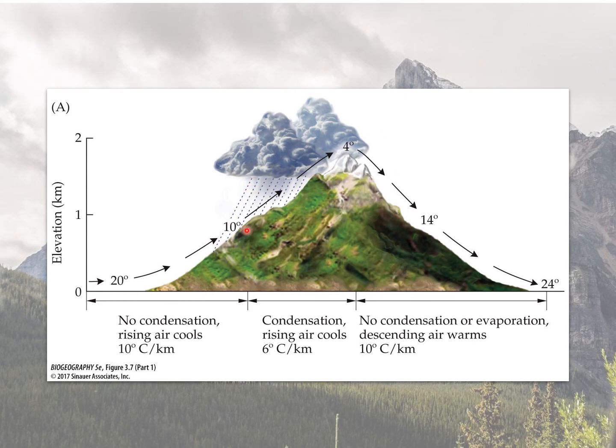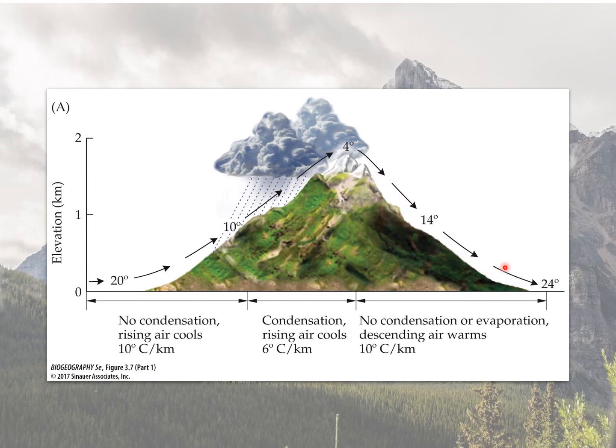And the cooling is called adiabatic cooling. So basically a change in pressure causes a change in the temperature, and that causes this precipitation event. And then this over here is what's called a rain shadow, where you have this really dry, warm air swooping down. And usually you have desert-like conditions when you have this sort of phenomenon.